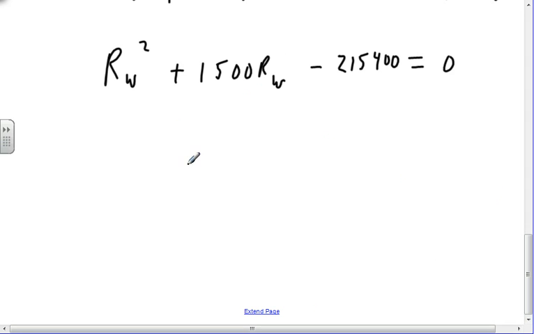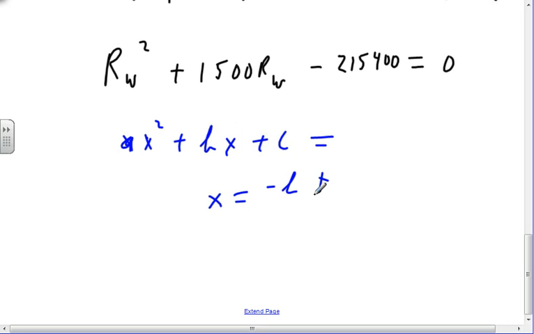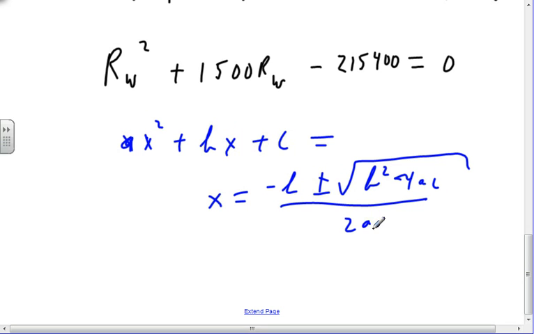Or I can use the quadratic formula that says if I have an equation ax squared plus bx plus c, then x has to be minus b plus or minus the square root of b squared minus 4ac divided by 2a.